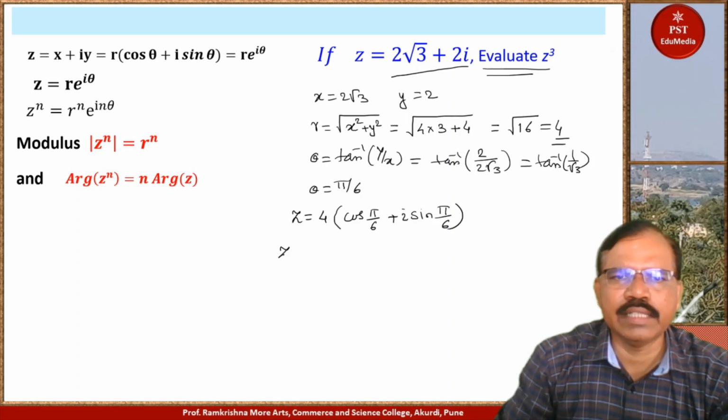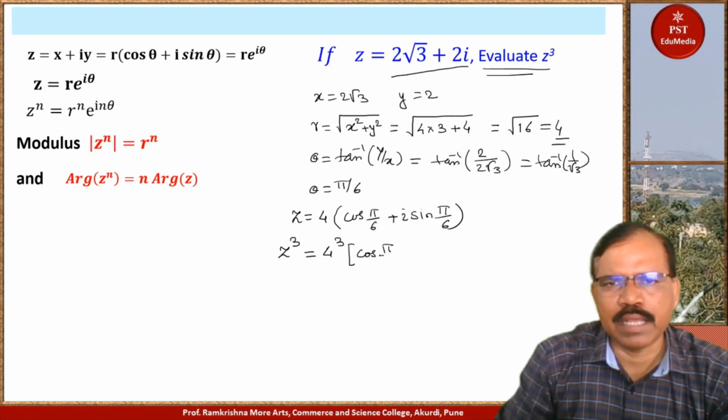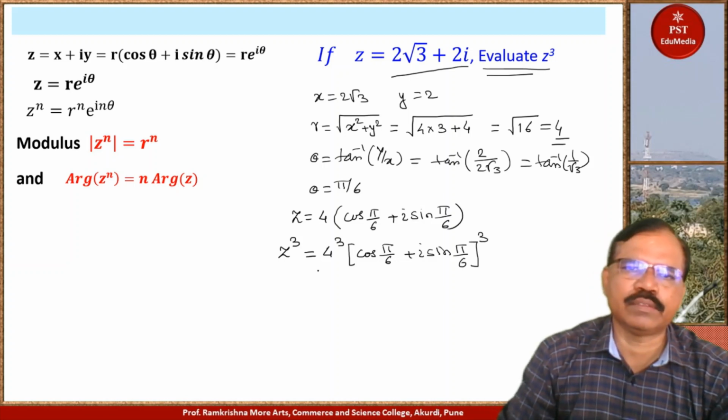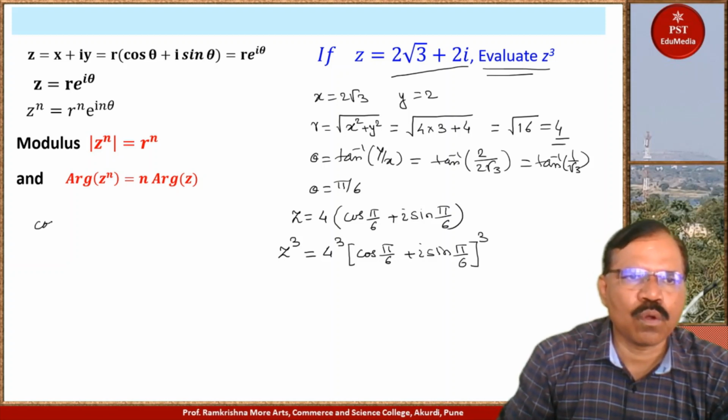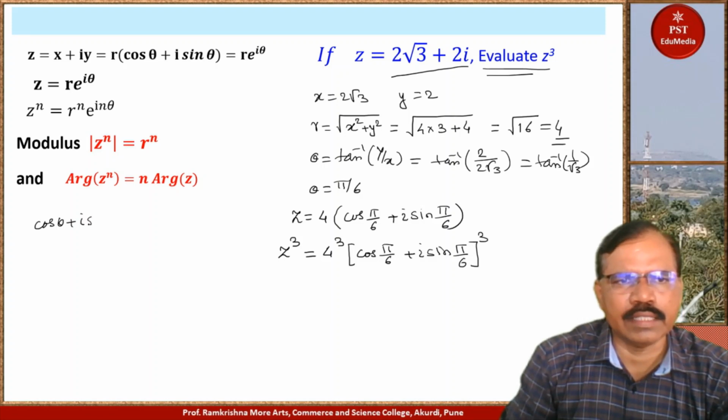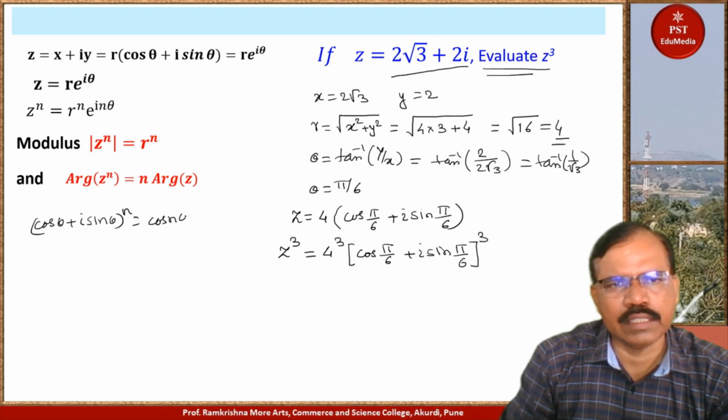Now we have to find z cube. So z cube is equal to 4 cube in bracket cos pi by 6 plus i sin pi by 6, and cube of this. Now we know cos theta plus i sin theta raised to n is equal to cos n theta plus i sin n theta.